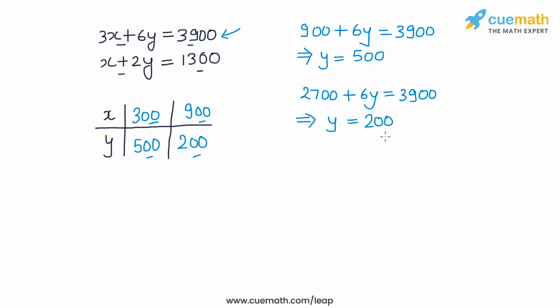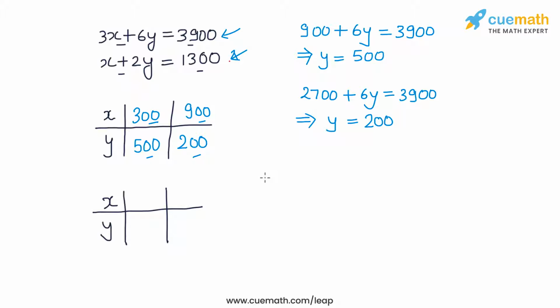Now let's go back to the equations, and look at the second equation, x plus 2y equal to 1300, and find out two solutions for it. So once again, let's draw an xy table and take two values of x and find the corresponding values of y.